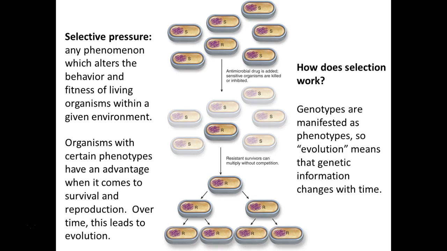What you can do with your DNA, that physical expression, is known as your phenotype. So the phenotype is, say, making that enzyme that destroys penicillin. This is natural selection, right? Survival of the fittest.